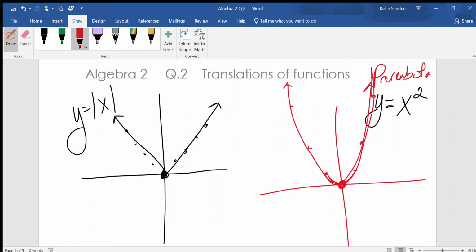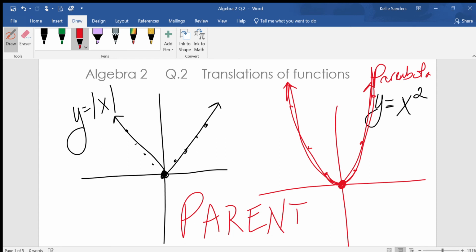There's a smooth curve, and it goes up exponentially. All right, again, don't necessarily need to graph all of this stuff, but I wanted to show you the difference between an absolute value graph, and both of these are parent graphs. These are what they look like before anything is done to them.